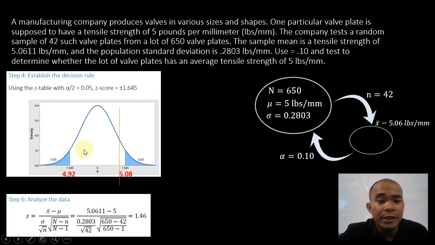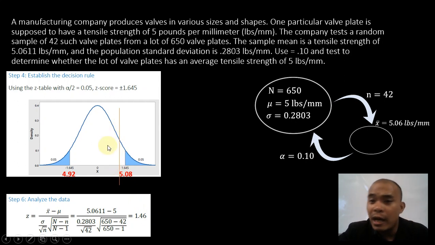Take note, guys, this portion here is the non-rejection region, and this blue section here is the rejection region. If this line will be in this portion here, we are in the rejection region, or we have to reject the null hypothesis. In this particular case, since the value of our z-score is 1.46, it is in the non-rejection region.